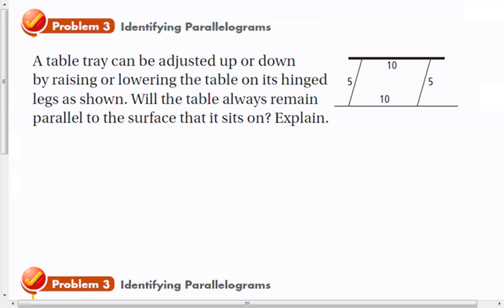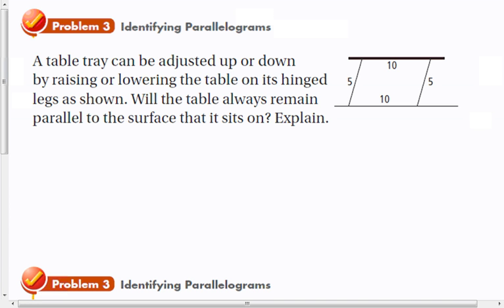All right, problem 3. Table tray can be adjusted up or down by raising or lowering the table on its hinge like shown. Will the table always remain parallel to the surface that it sits on? Explain. It looks like opposite sides are congruent because opposite sides on one pair are 5 and the other are 10.